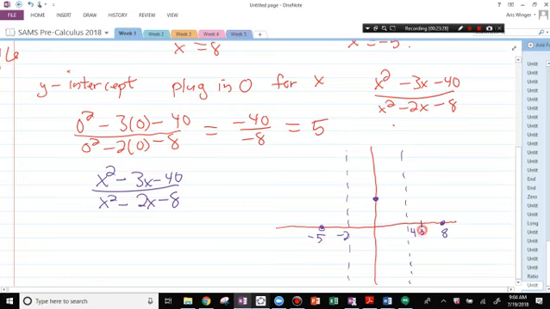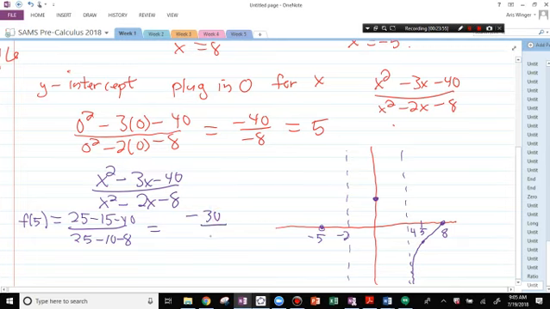So f of 5 is minus 30 over 7. Who cares? It's negative. So that thing flies down to minus infinity.